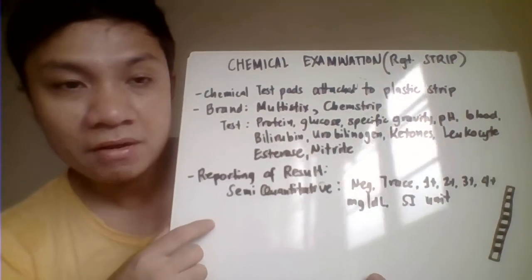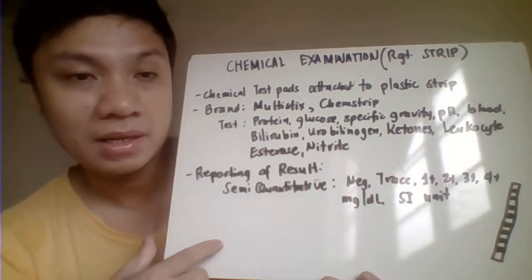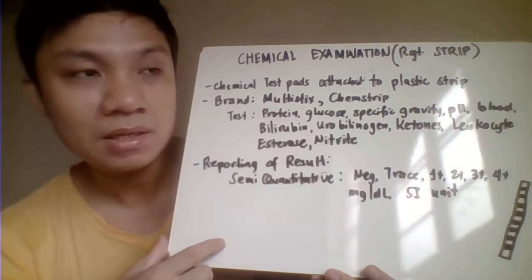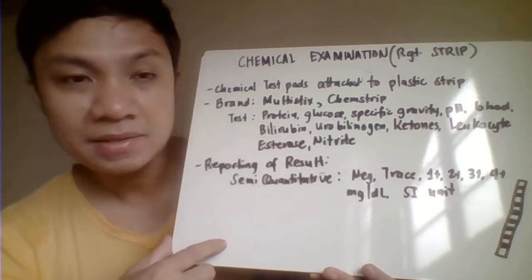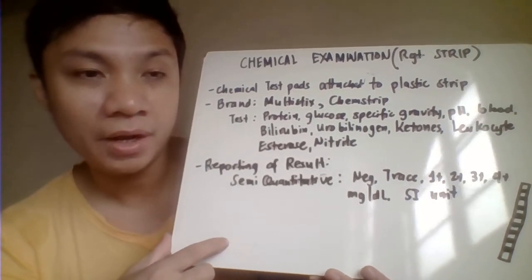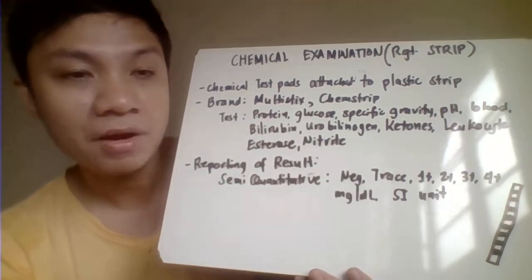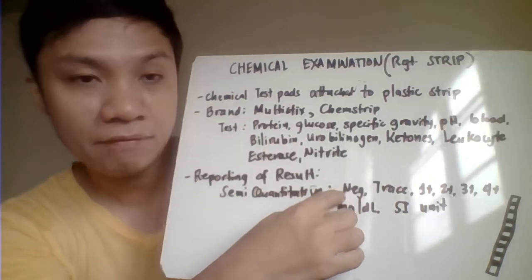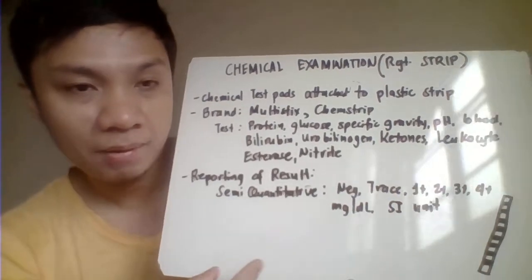Okay, so the reporting of the result for your reagent strip is most likely semi-quantitative. Semi-quantitative is not quantitative. Basically, you report or release the result in terms of negative, then trace, 1 plus, 2 plus, 3 plus, or 4 plus.